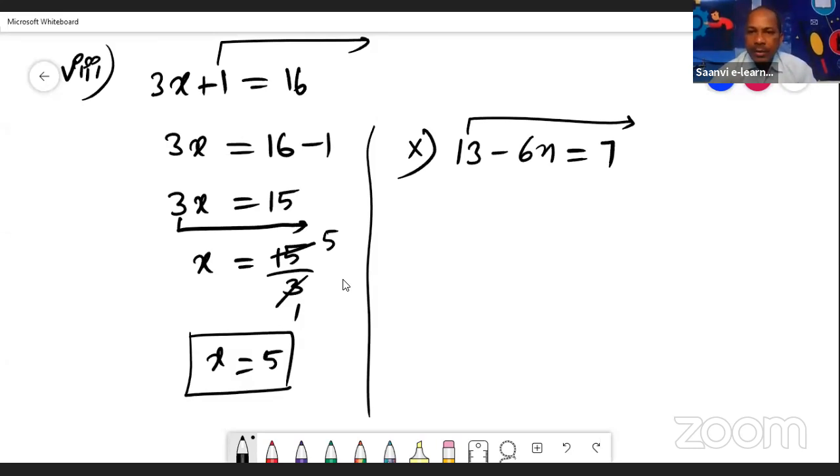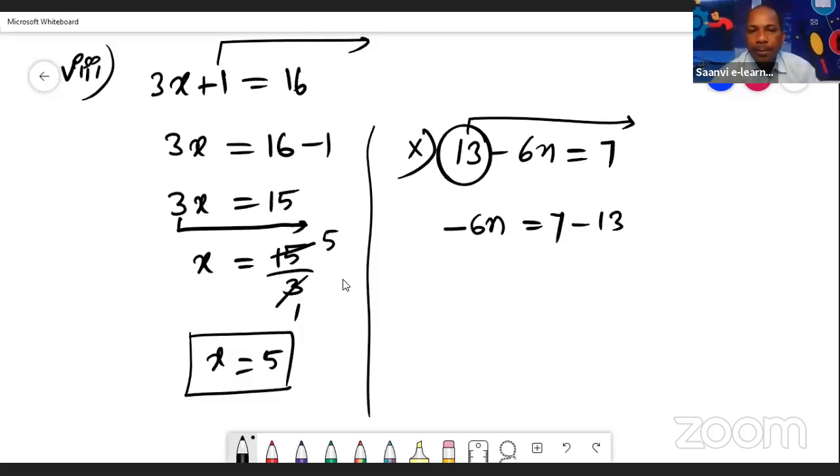To find this n value, 13 extra is there and minus 6 also is extra, so these two numbers we have to send this side. First of all, 13 send this side. Minus 6n keep here only. This 13 when we send this side becomes minus 13.